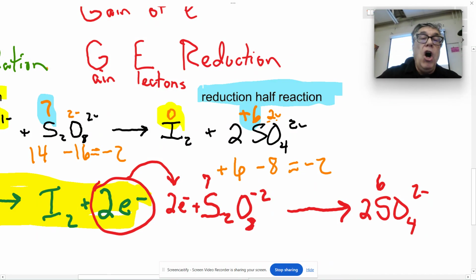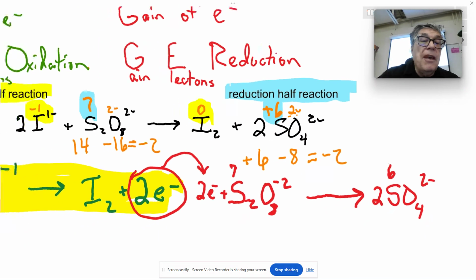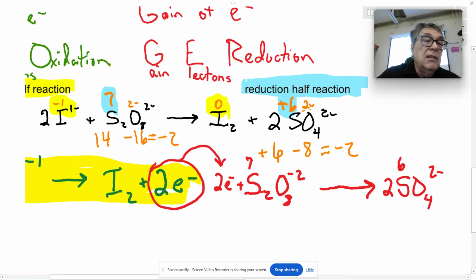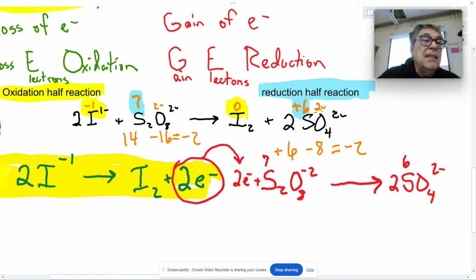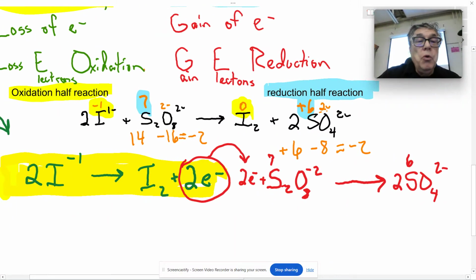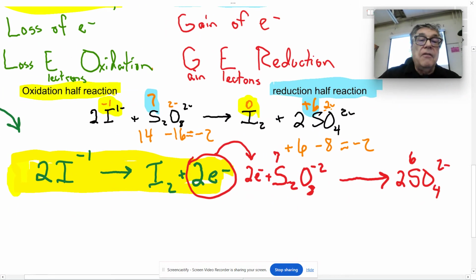So I hope you've noticed here that if something is oxidized, something else has to be reduced. You can't have one without the other.